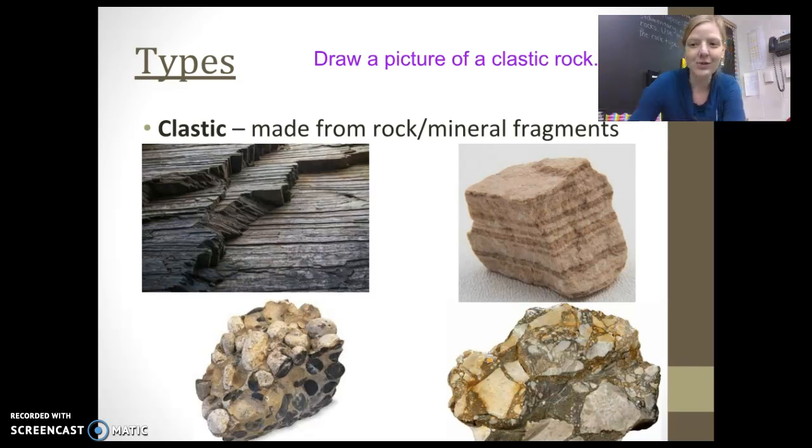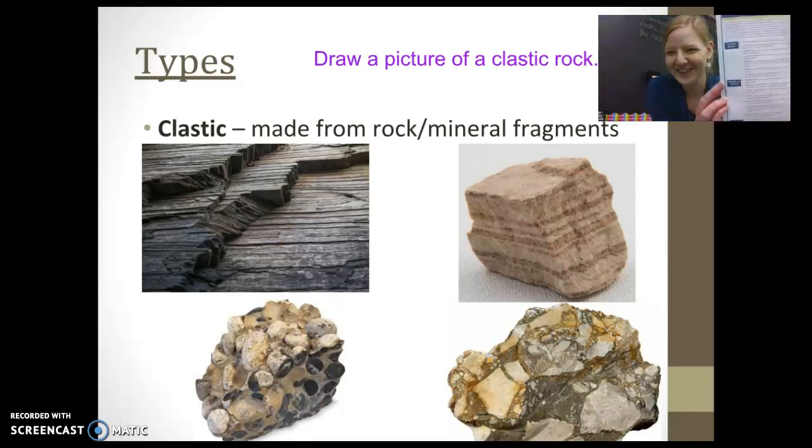So now, here's what I'd like you to please do. You're sitting in groups still. You need to make sure everyone in your group is to this point or almost to this point. I would like one of you to go get one sedimentary rock box from the guest teacher, bring it to your table, and I want you to look at it. There's a key in there.